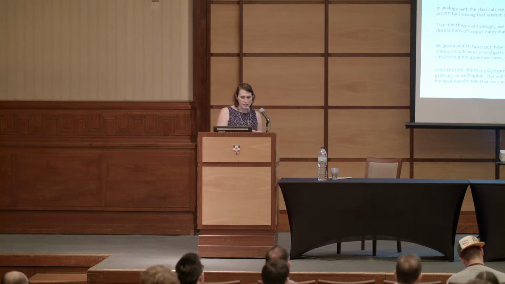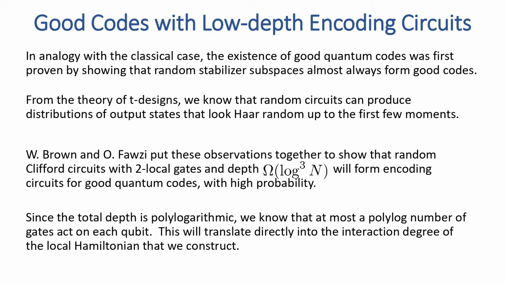That's the intuition for this 2013 result by Brown and Fawzi, which combines these observations to show that random Clifford circuits with 2-local gates and polylogarithmic depth form encoding circuits for good quantum codes with high probability. So these are the codes in our construction. These are the codes which we then take slightly approximate versions of and enforce as the ground space of a local Hamiltonian.